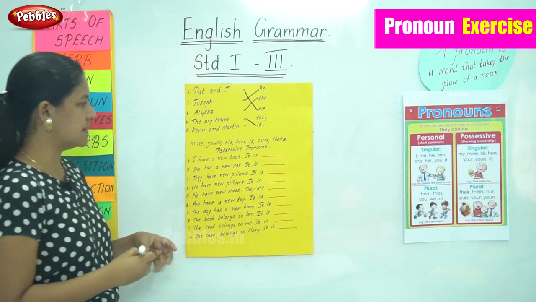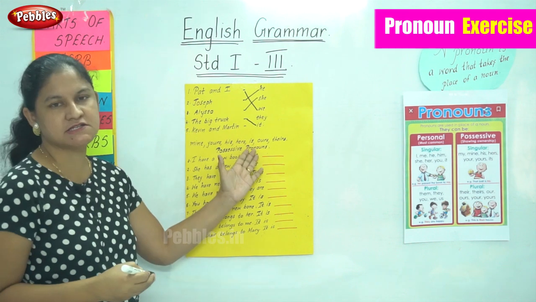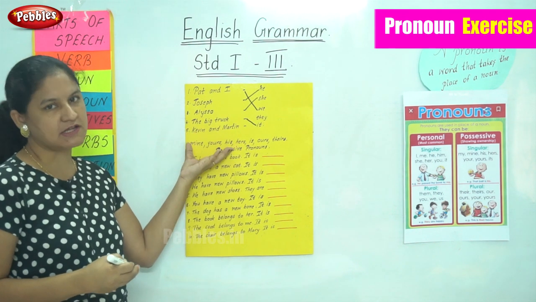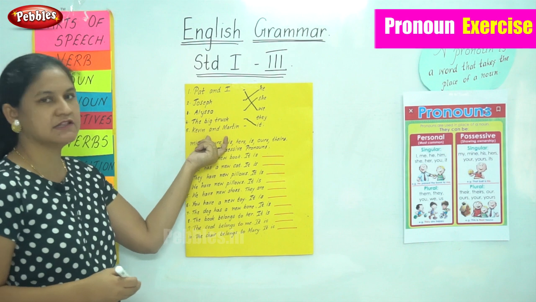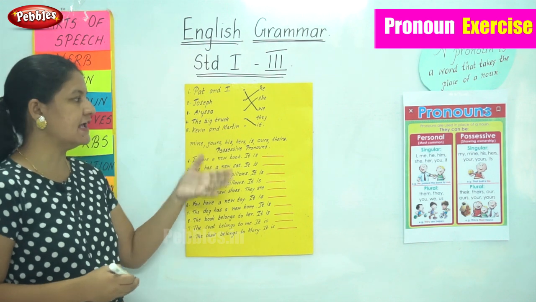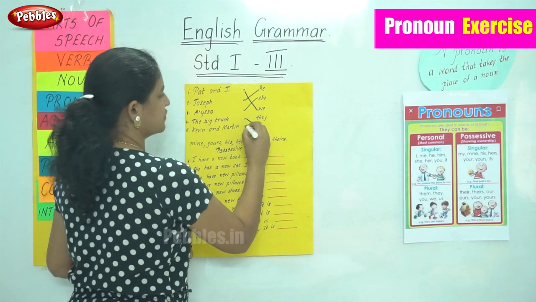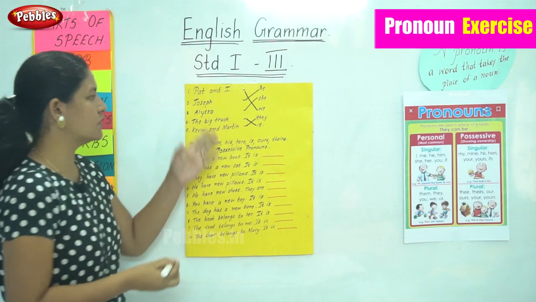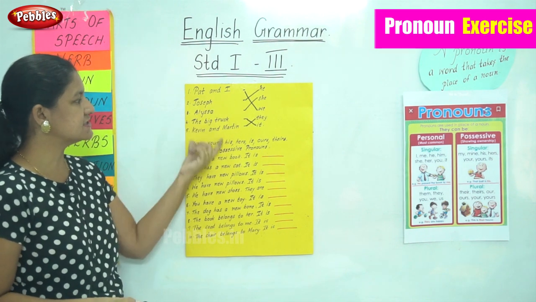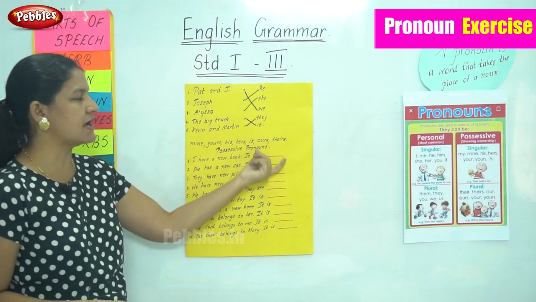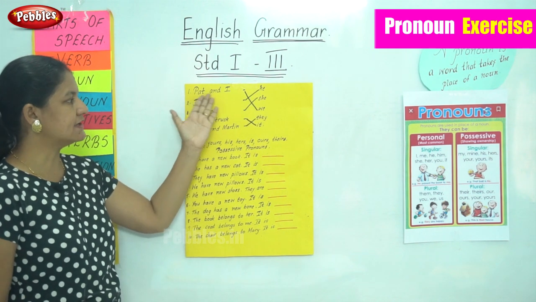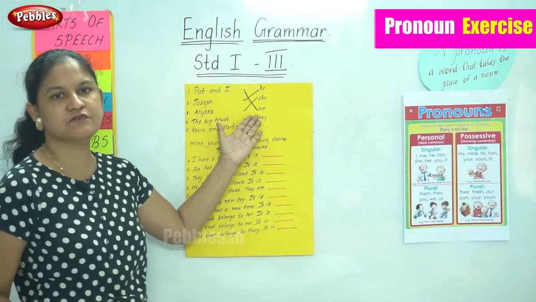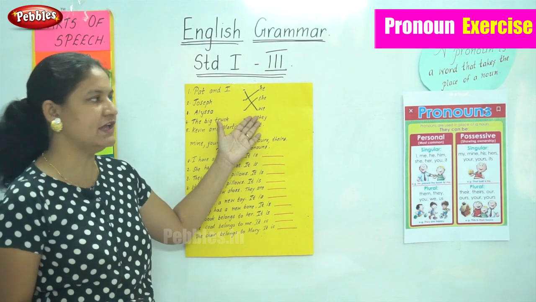And in our last example, we have Kevin and Martin. We are talking about two other people and they are in the plural form. So we use the word they. So these are all the nouns, and these nouns are being replaced by the pronouns. Instead of saying Pat and I, we say we.